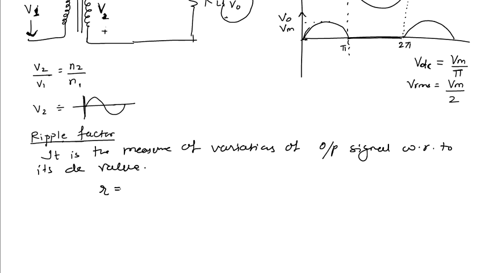Mathematically, this ripple factor R is given by VAC RMS divided by VDC.